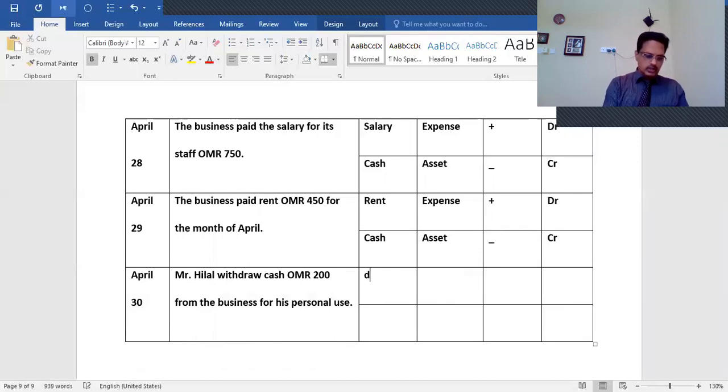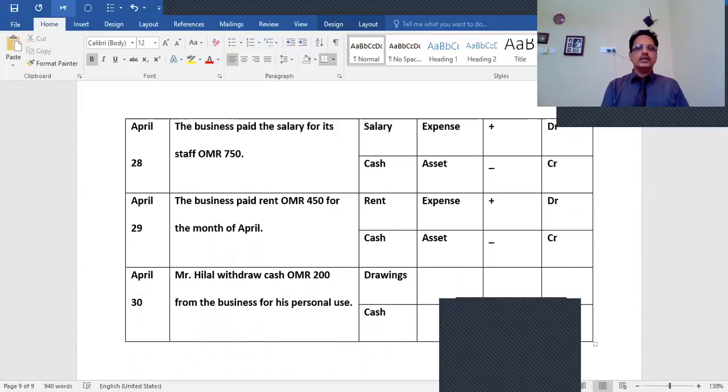So two accounts are involved: drawings and cash. If goods are taken, it will be purchase and drawings. If cash is taken, it is cash and drawings. So drawings is just considered as a payment of expense.